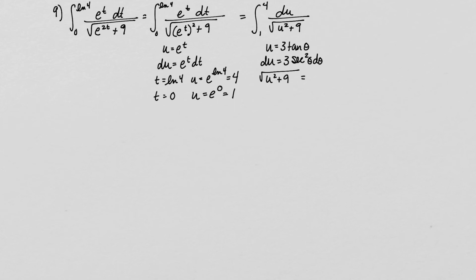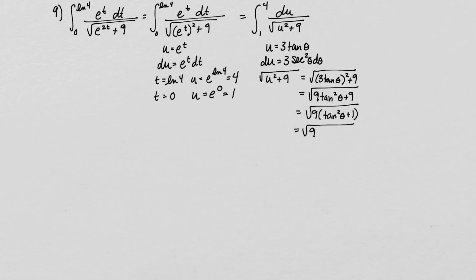That's going to end up being the square root of 3 tangent theta squared plus 9, which is the square root of 9 tangent squared theta plus 9. If we factor out a 9 times tangent squared theta plus 1, that's the square root of 9 secant squared theta, or 3 secant theta.